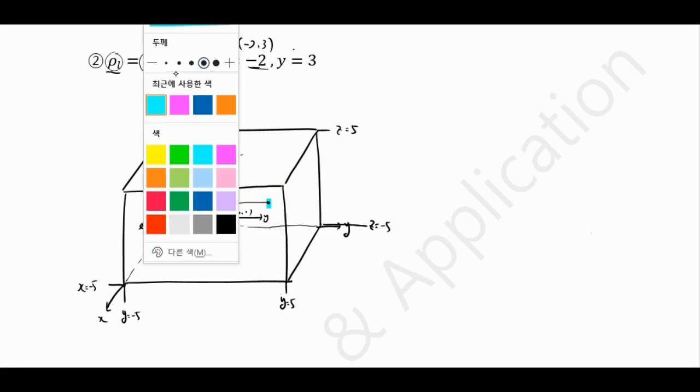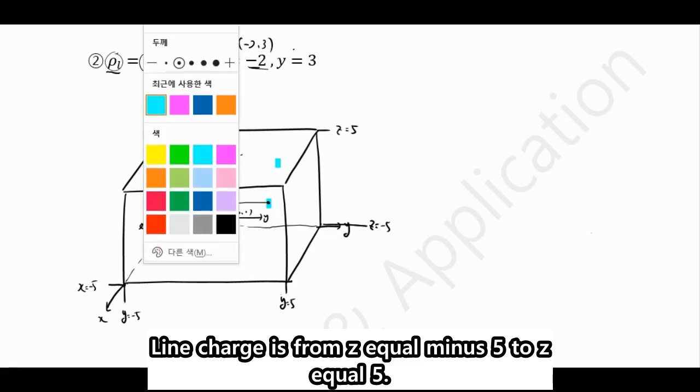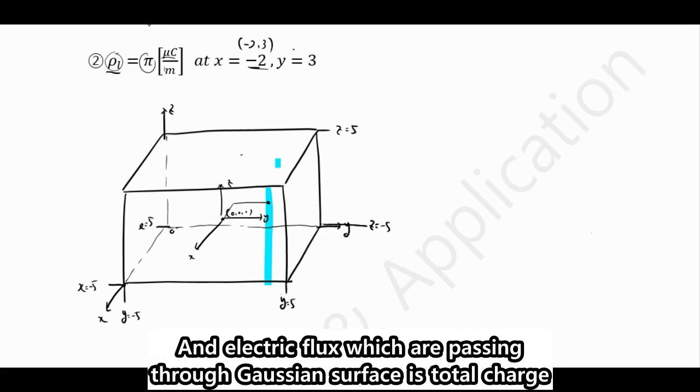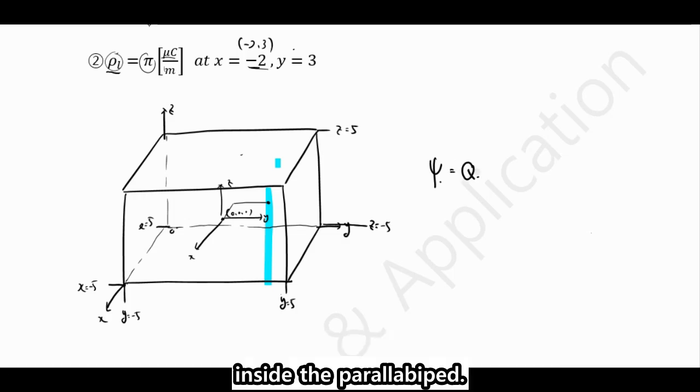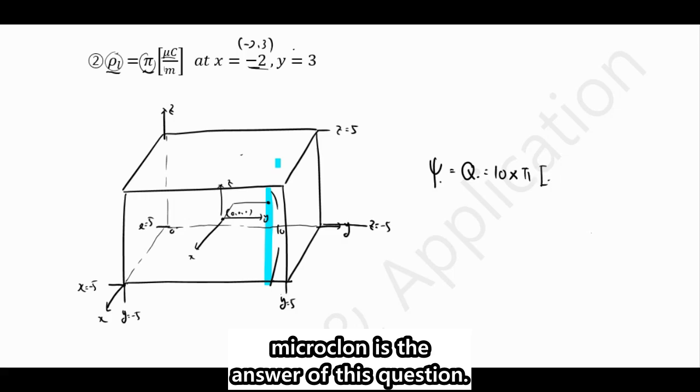This is the line charge. The line charge is from z equal minus 5 to z equal 5. And the electric flux which is passing through the Gaussian surface is the total charge inside the parallelepiped.